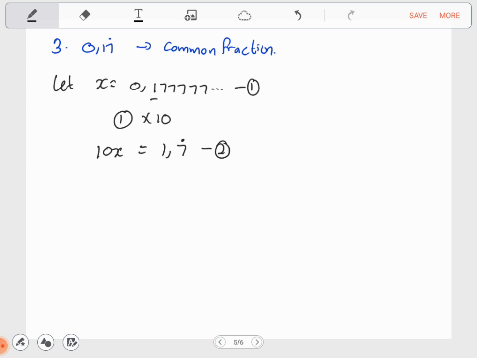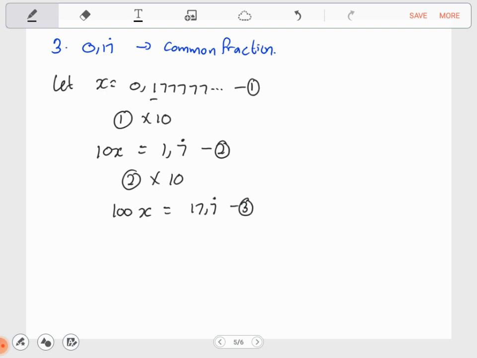Okay, so I'll take equation 2 and multiply this by 10, and that will allow me to move the 7 across. So we'll have 10 times 10, which is 100x, equals 17.7 recurring, and we're going to call this equation 3.